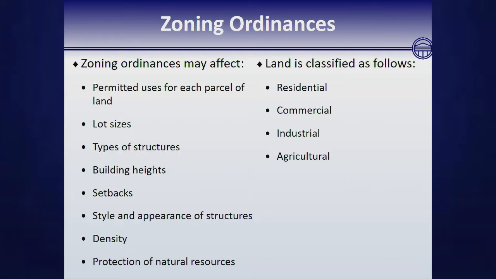You'll be asked one question on the test, what could a zoning ordinance affect? Well, it could affect permitted uses of each land parcel, lot sizes, types of structures that may be built, building heights, setbacks, style and appearance of structures, density, protection of natural resources.